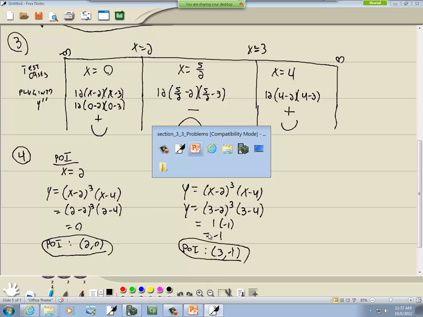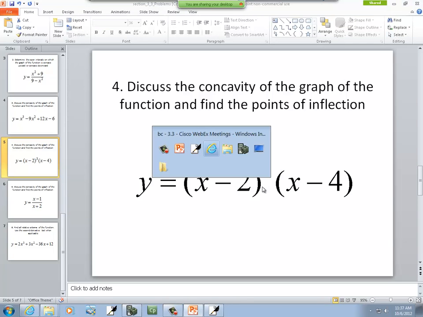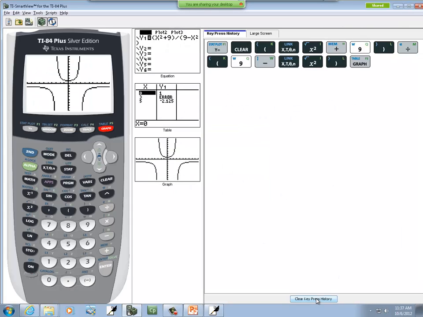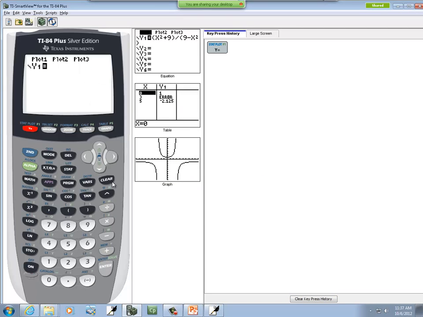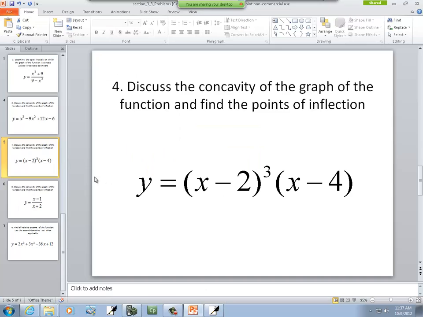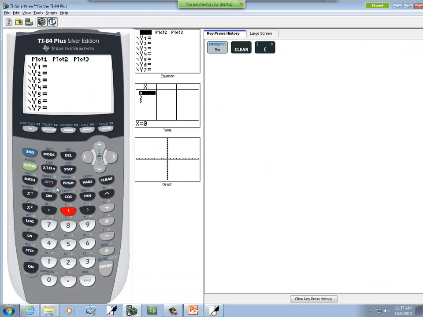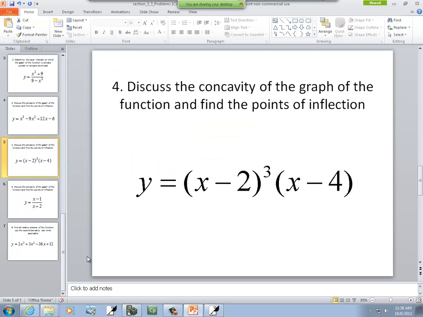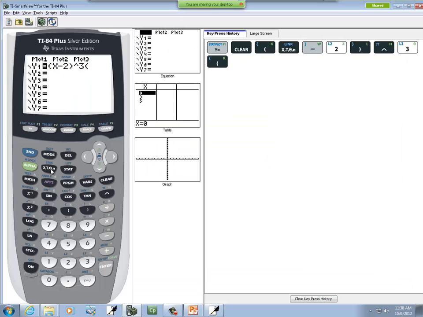Let's graph this. See what it looks like. So press y equals, press clear, x minus 2 to the third, so beginning parentheses, x minus 2, close parentheses, caret 3, beginning parentheses, x minus 4, closing parentheses, then graph.